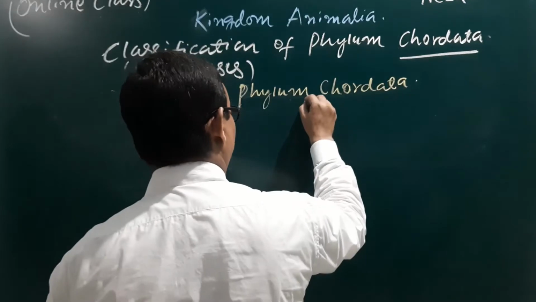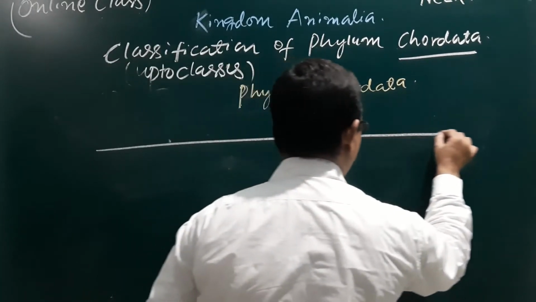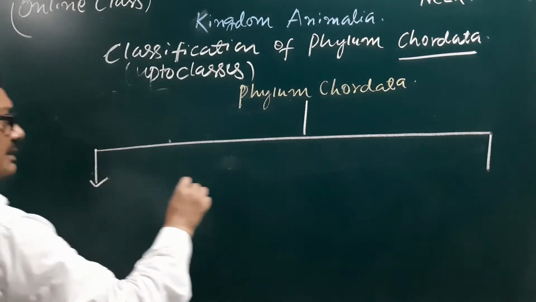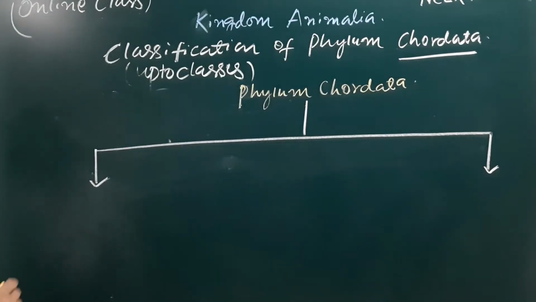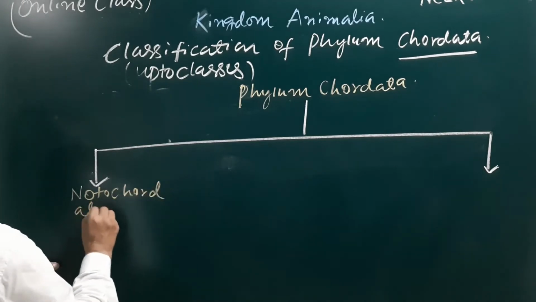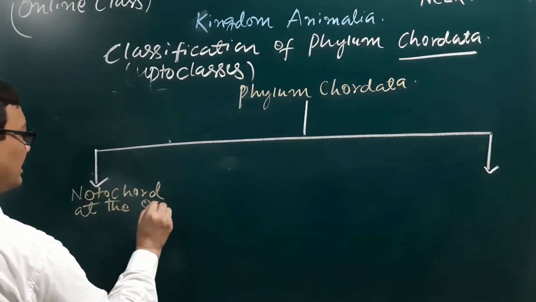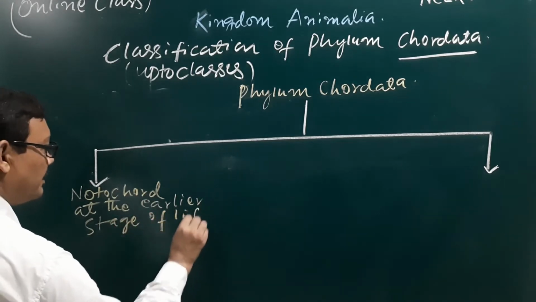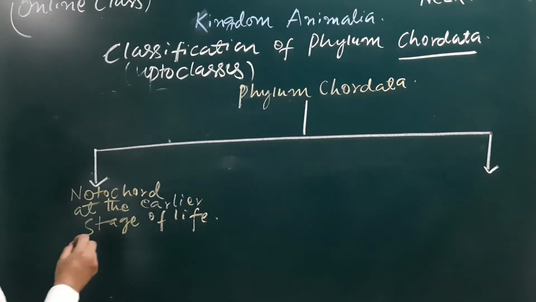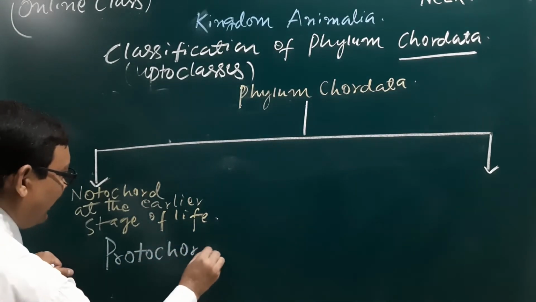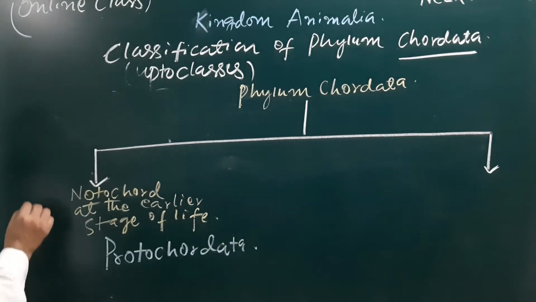Now, this phylum chordata, based on the presence or absence of notochord at the earlier stage of life, we write the name of the subphylum, that is the protochordata. That means this is a subphylum.